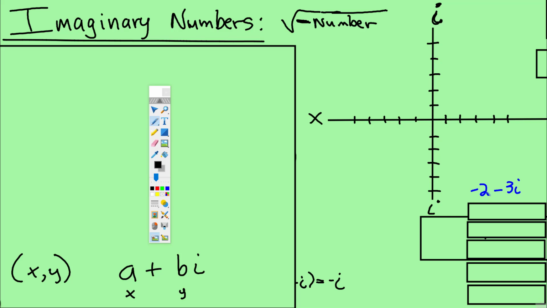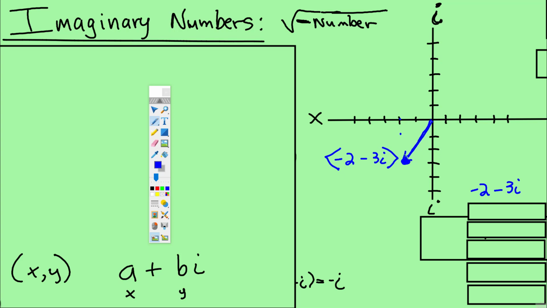So we have -2 on the x-axis, and we go down 3 on the y-axis. So we come over -2 and go down 1, 2, 3, and that point right there is -2 minus 3i. And if you wanted to say that that's a vector, that's the notation for a vector, and then you draw the arrow.